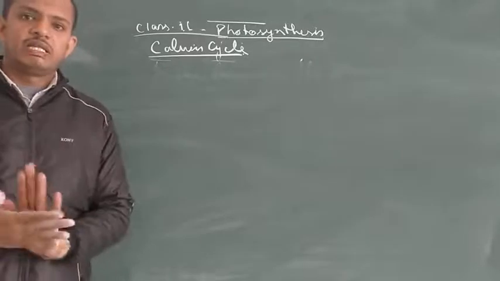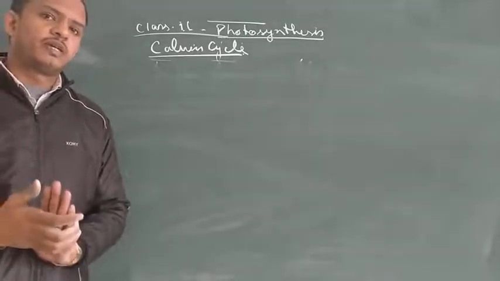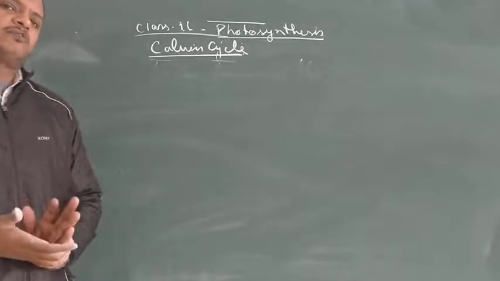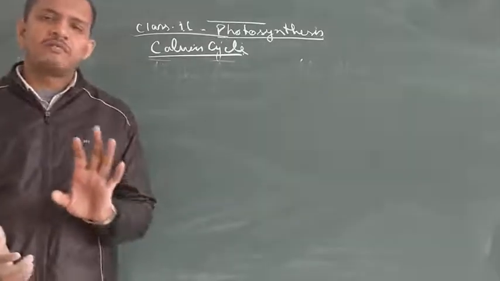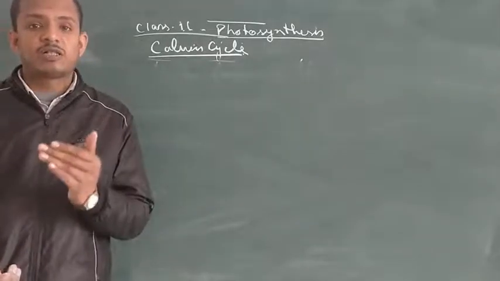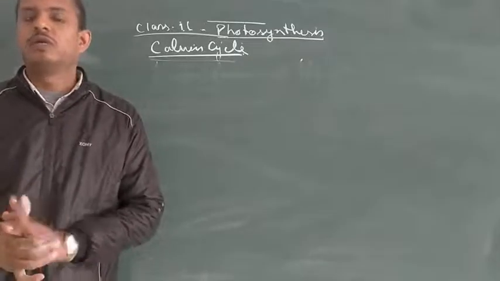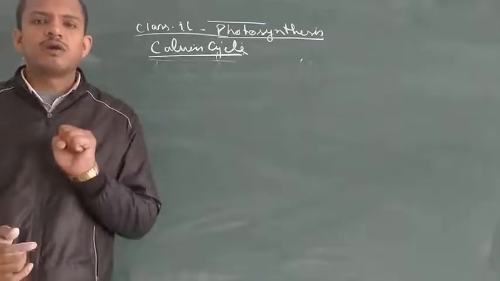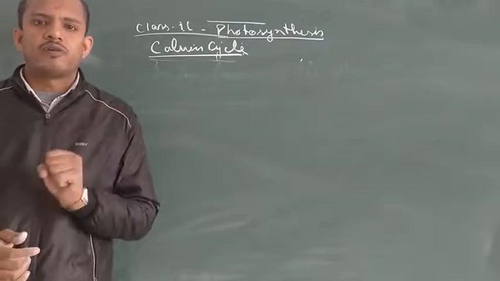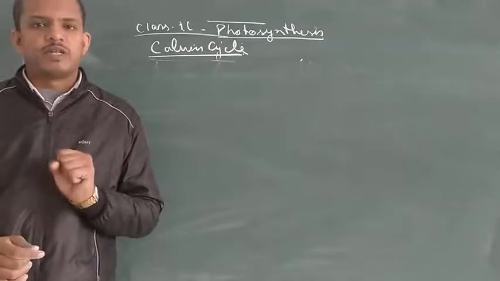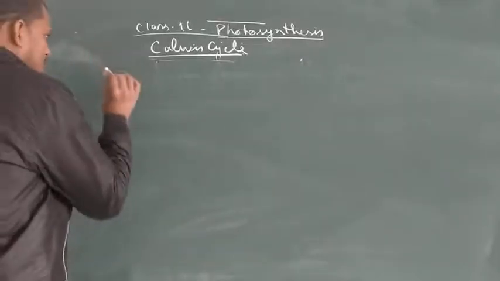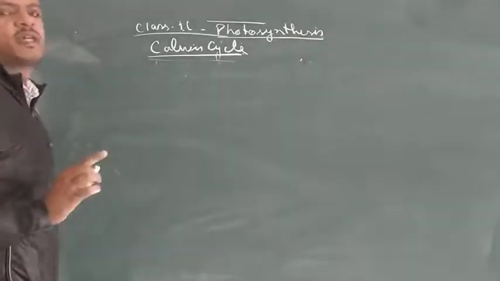Now, the second thing we need to be careful about: biosynthetic means conversion, or reduction, of carbon dioxide to carbohydrate. So here the consumption, or absorption, of carbon dioxide takes place. What we need to remember is, who is going to accept that carbon dioxide?